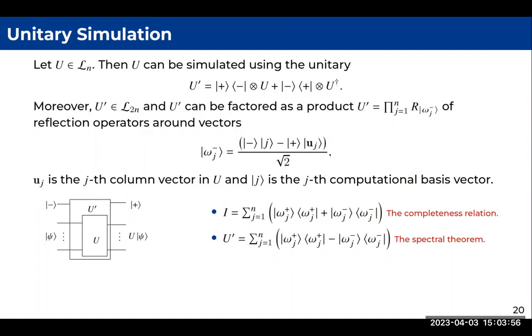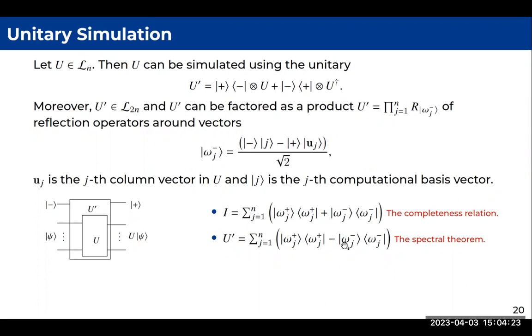And by the completeness relation, we know that we can calculate the sum of outer products of the orthonormal basis, and this will give us the identity. Moreover, one can verify that omega j plus corresponds to the +1 eigenspace of U prime. Omega j minus is the -1 eigenstate of U prime.